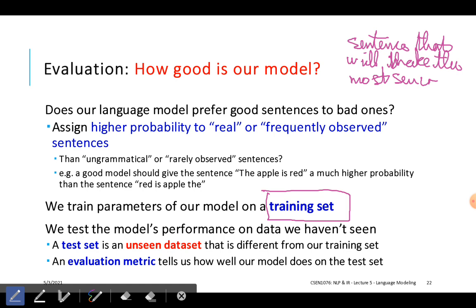Now, we have explained a training set and a testing set before, and we have seen how they can be used in evaluation in POS tagging. The same concept applies here. But again, remember that we are using an entire sentence and not just a simple word associated with a classification of the word.